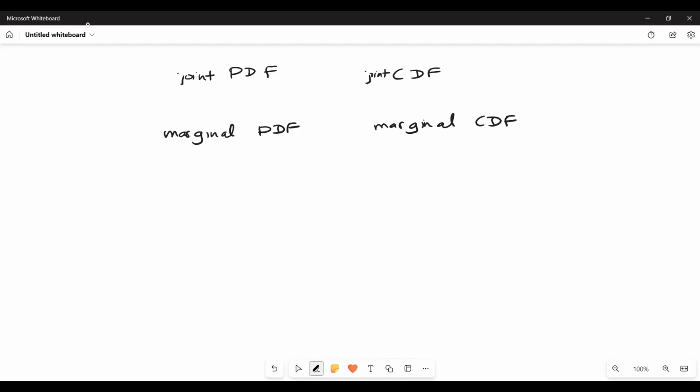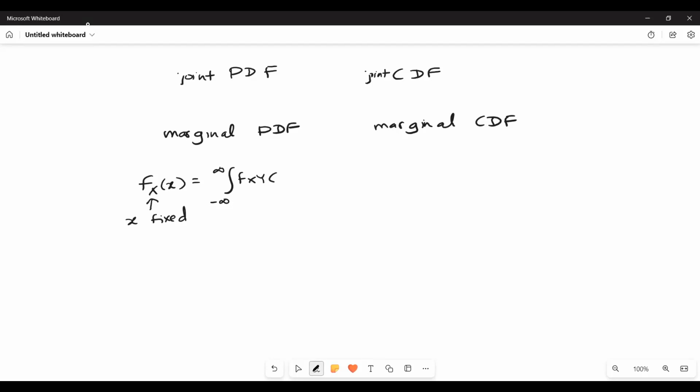So basically, we have the marginal PDF of X, which we can define as the integration of the joint PDF function over a certain range of Y, because here I'm going to find the marginal PDF of X and I'm going to keep the X fixed.